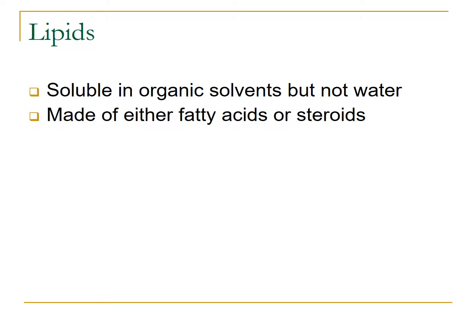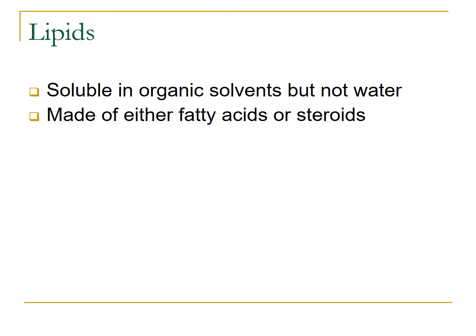Lipids can be made of either fatty acids, which are long chain hydrocarbons with carboxyl or carboxylic acid groups on one end, but the long chain is nonpolar, and then the carboxyl group is polar.